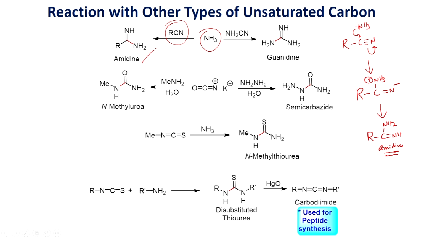On the other hand, if you use cyanamide as the substrate, and if you react cyanamide with ammonia, then you will be able to make guanidine as the product, as we have seen.